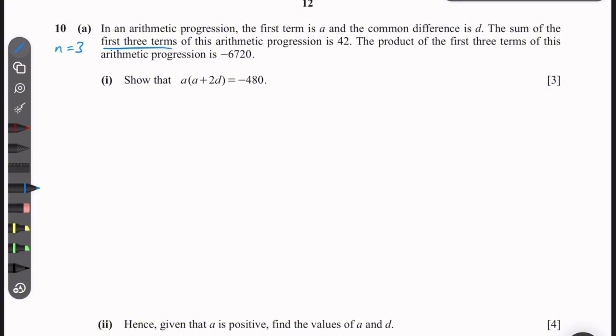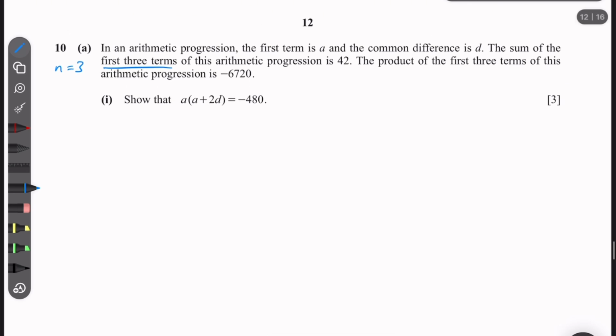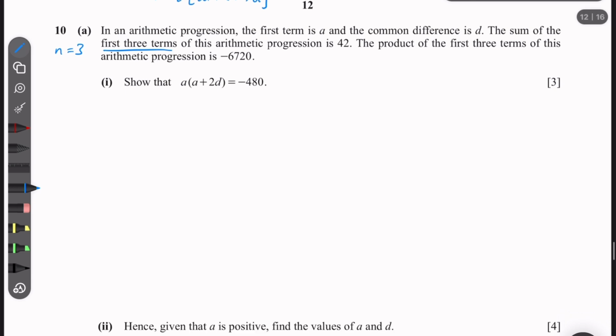And we can use the sum formula for arithmetic progression, which would be n over 2 times (2a plus (n minus 1) times d). And then we just sub n equals 3 into the equation.